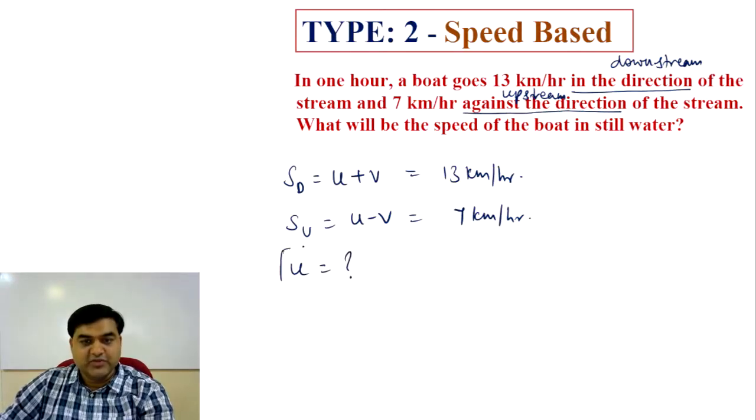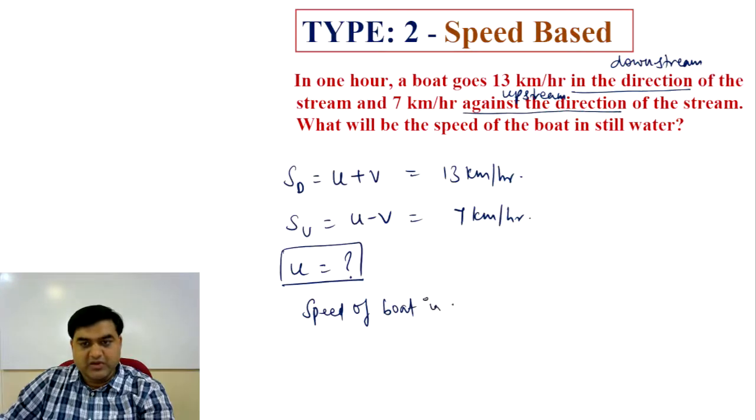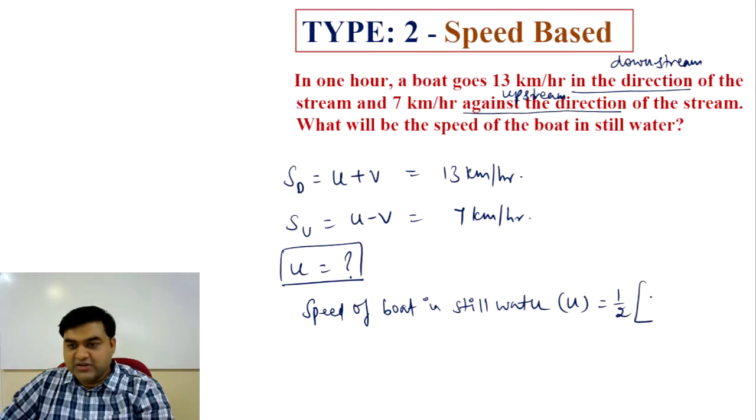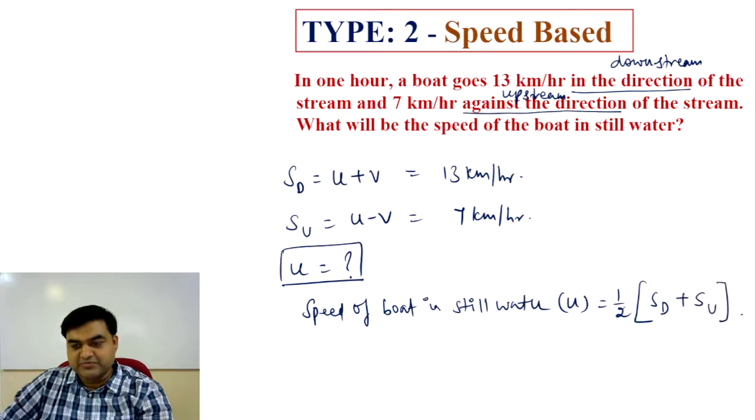Okay, so if you remember, in the concept part what I told, speed of boat in still water, that is u, is nothing but half of the speed of downstream plus speed of upstream, isn't it?